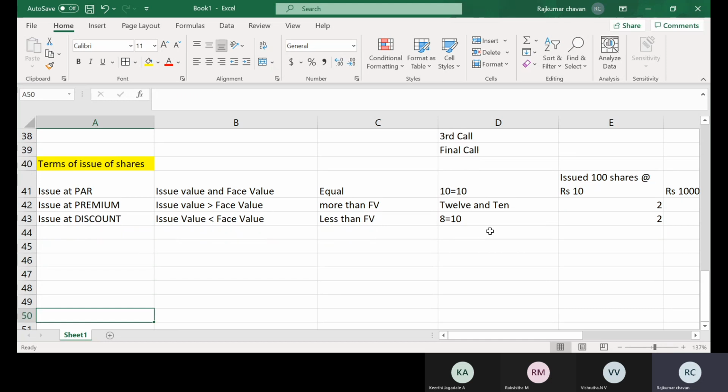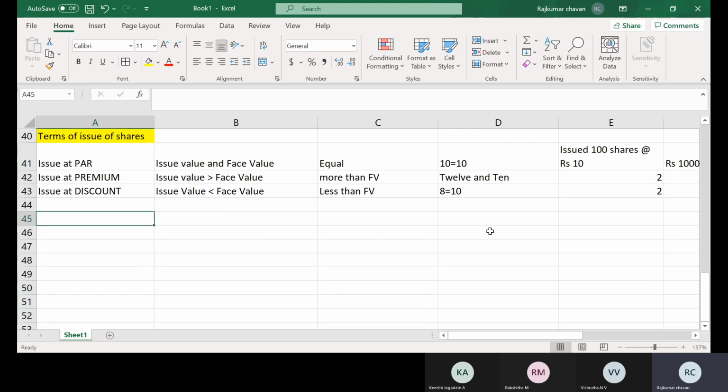These are the main types of share issue a company can make. Next, we will describe subscriptions of the shares.